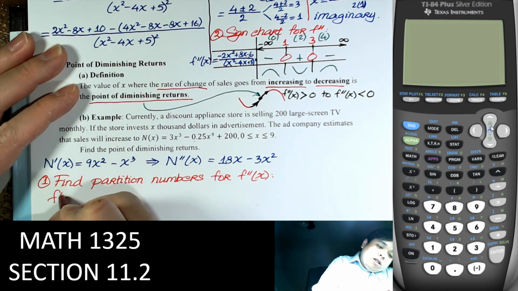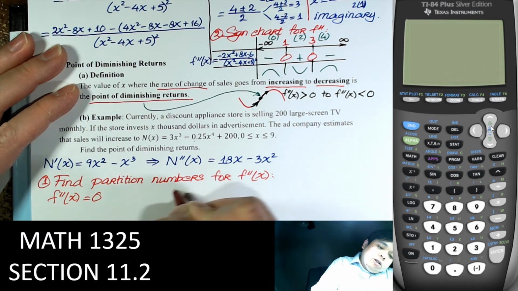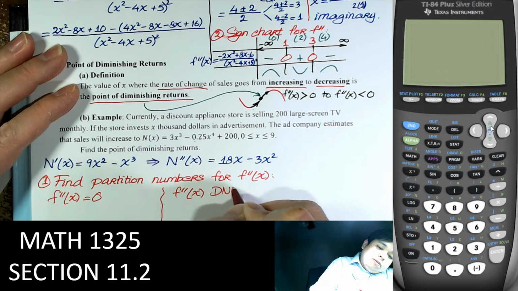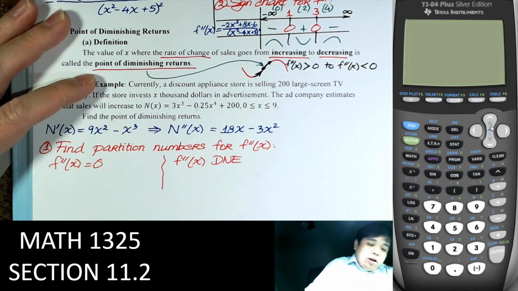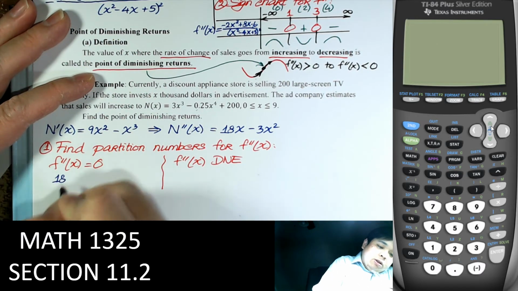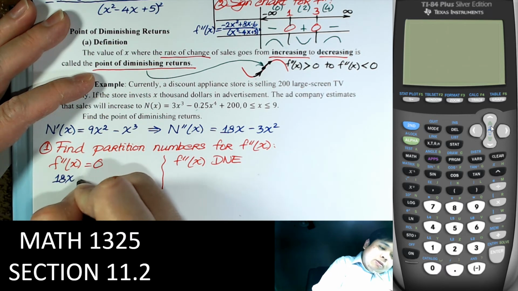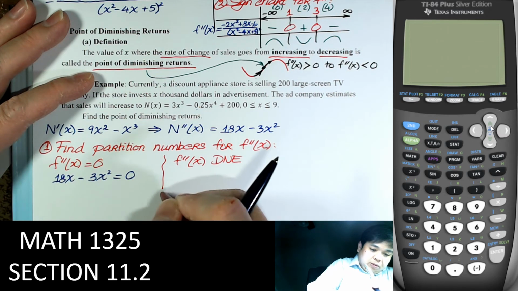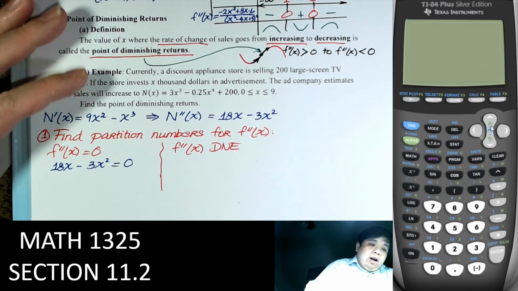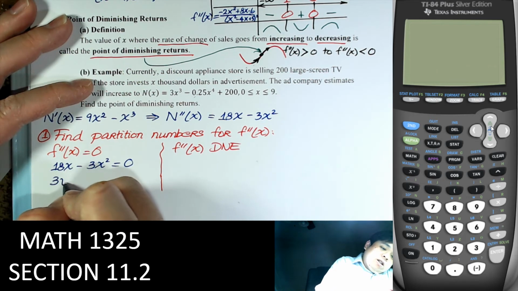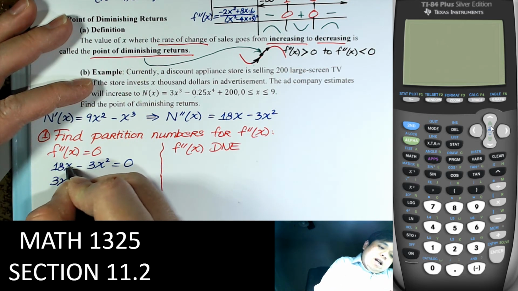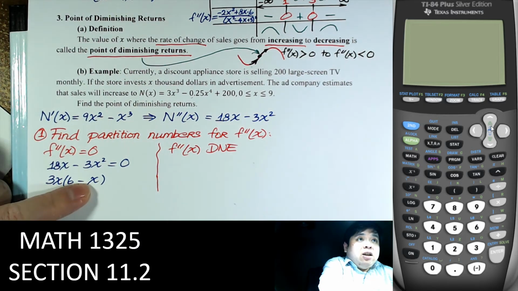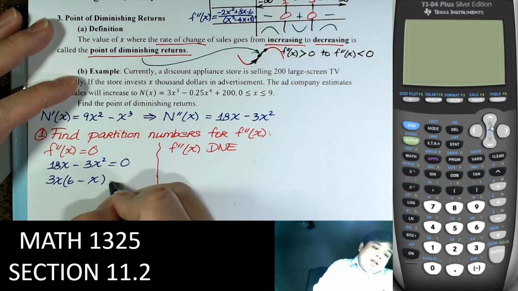That means it is equal to 0 or does not exist. So equal to 0: 18x minus 3x squared equal to 0.